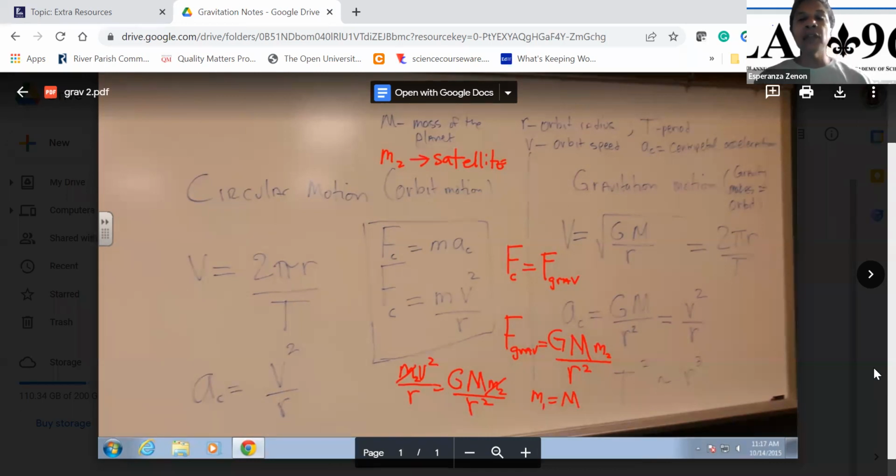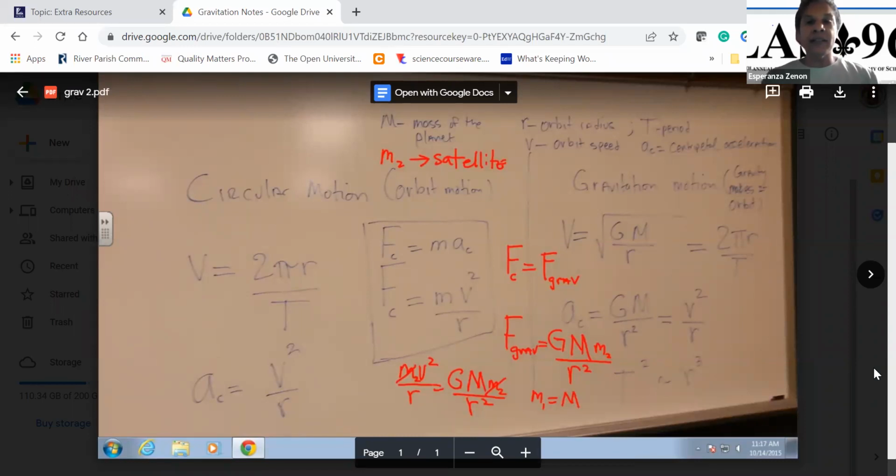So when we equate those two forces, and that's what I'm doing in the red print there, and do some algebra, which I would never ask you to do, what you wind up getting is an equivalence between the circular motion properties and the gravitation motion properties, because gravity is what's keeping it in the circular orbit, okay?